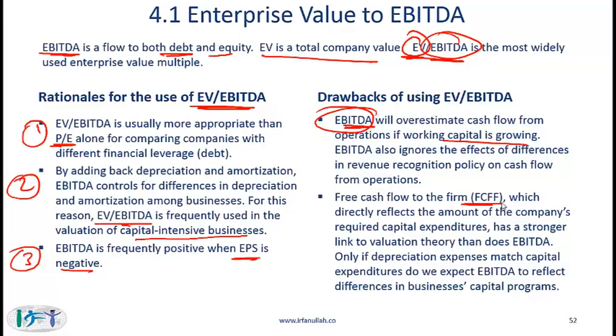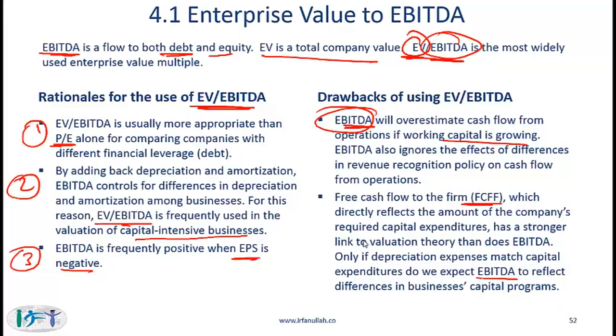Free cash flow to the firm, which directly reflects the amount of the company's required capital expenditures, has a stronger link to valuation theory than does EBITDA. Only if depreciation expenses match capital expenditures do we expect EBITDA to reflect differences in businesses' capital programs.